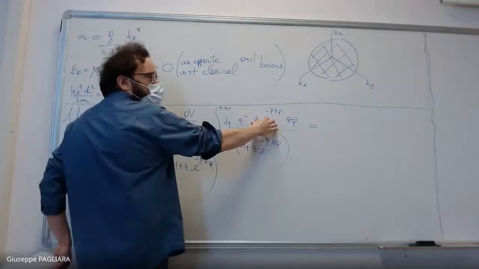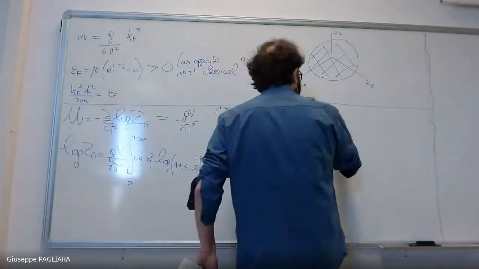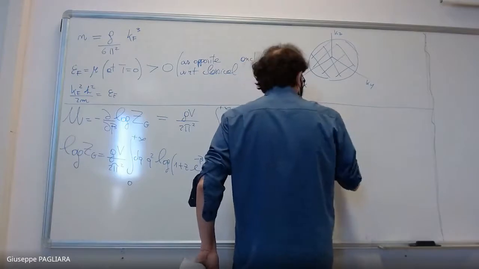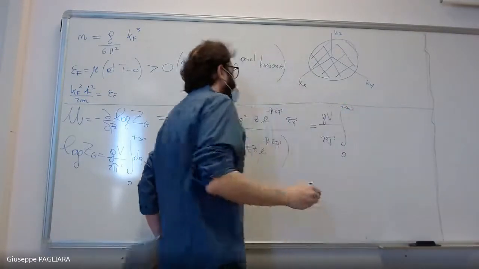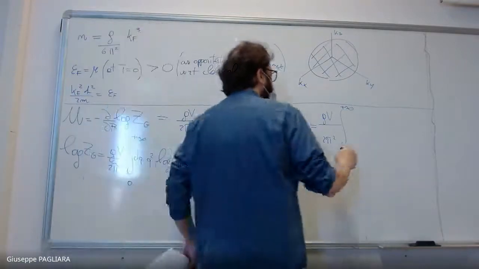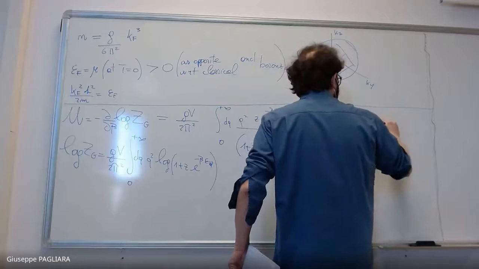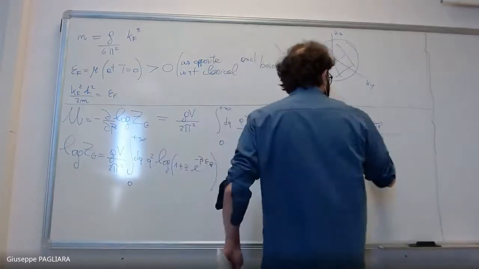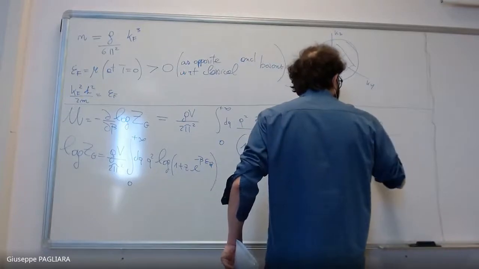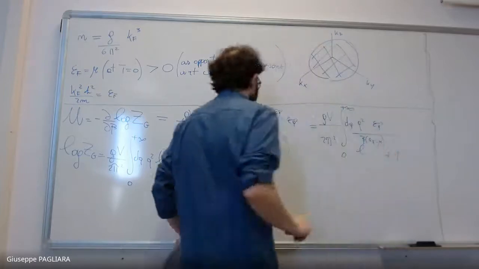Therefore, this becomes 1, this becomes 1, and this becomes the usual factor, which is the following: gV over 2 pi squared, integral from 0 to plus infinity of q squared epsilon q, and here I have the denominator, which is z to the minus 1 e to the beta epsilon q plus 1.